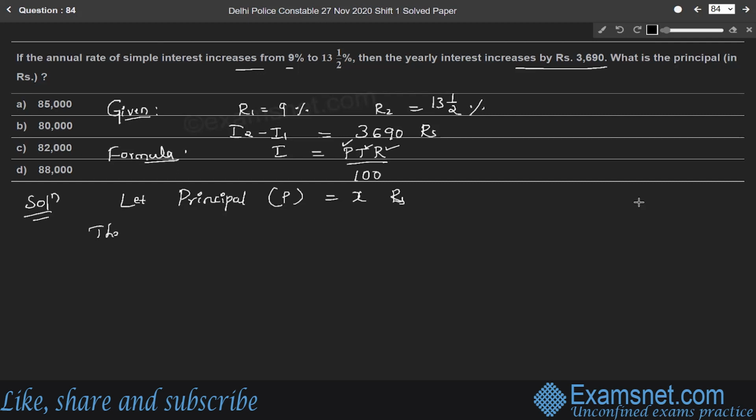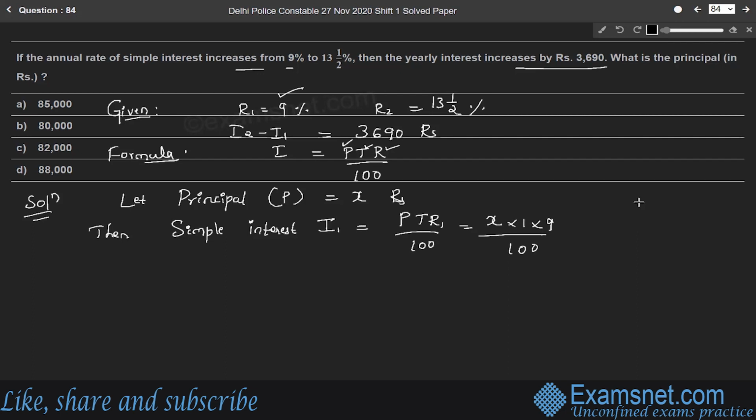Then simple interest I1, when the rate of interest R1 is 9%, becomes P into T into R1 by 100, where the principal amount is X, the time period is 1 year, and R is 9% by 100.